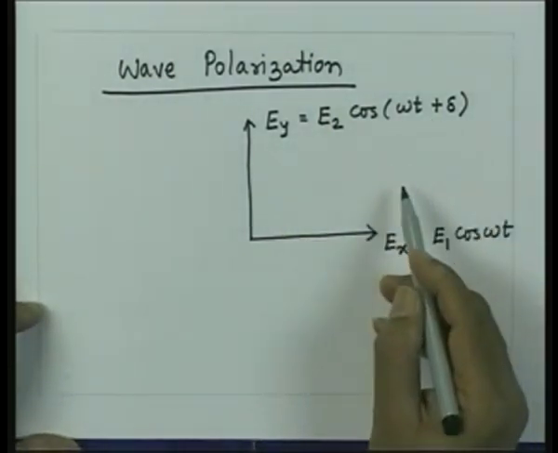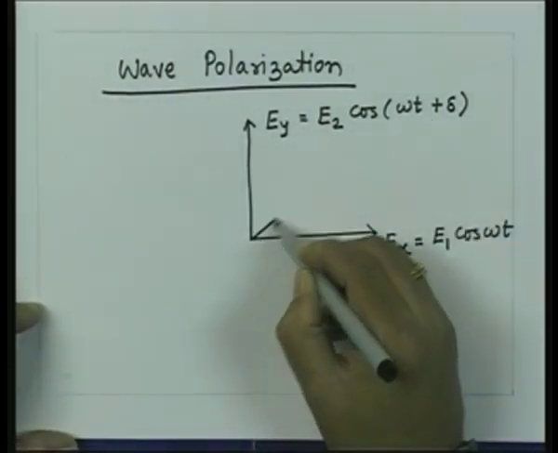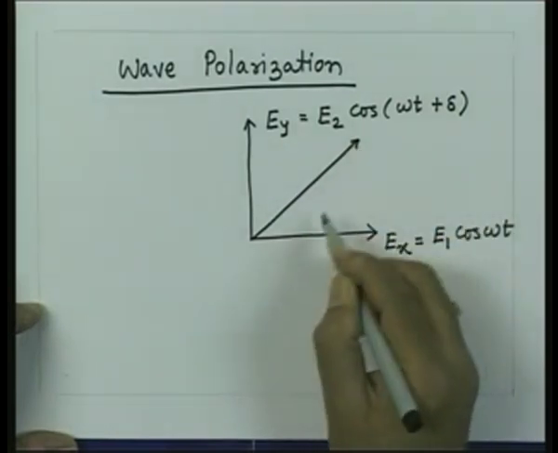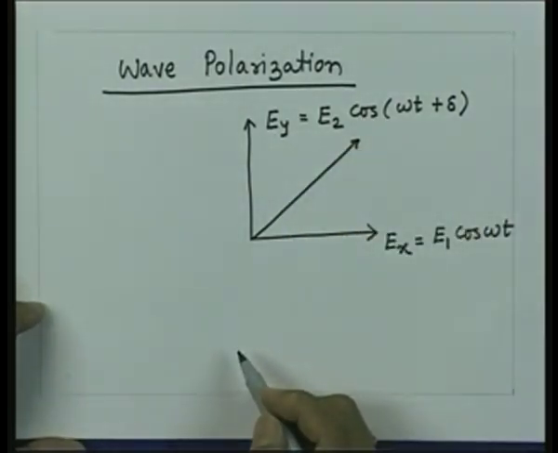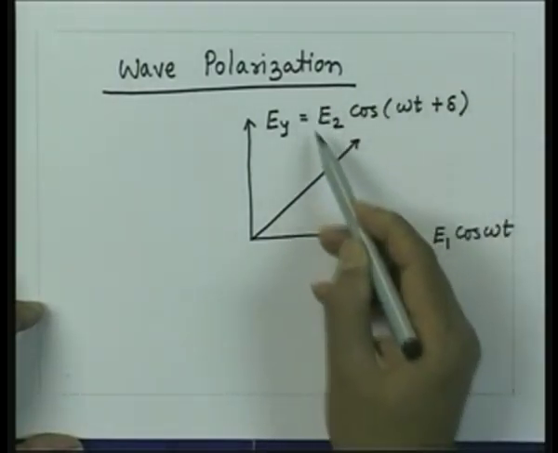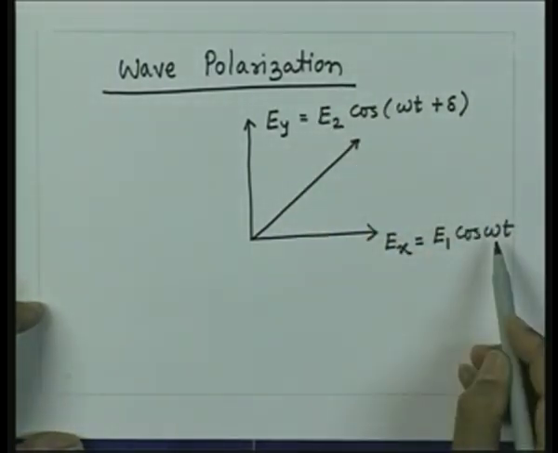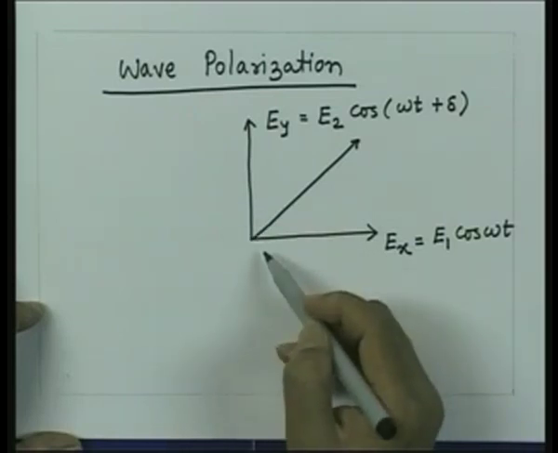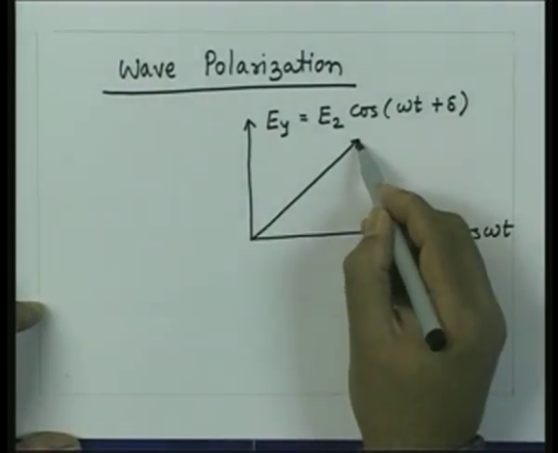Then at any instant of time, I can have a resultant field which is a combination of these two. So, at every instant I can find out this value, I can find out this value, vectorially add these two components, and I will get the resultant electric field which will be this.